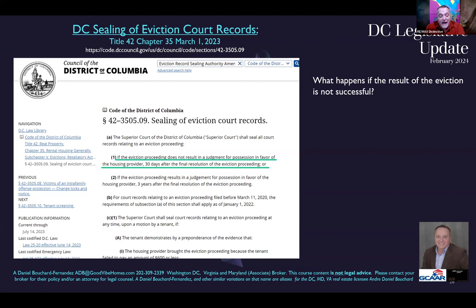Whether that actually happens or not is another issue, but I would caution you that if it does appear in the background check that an eviction proceeding was enacted but did not result in an eviction, and it is beyond that 30 days, you do not want to base your decision on that eviction proceeding.